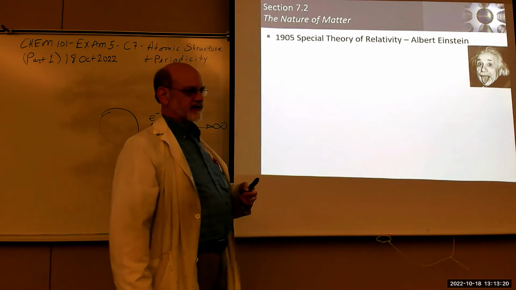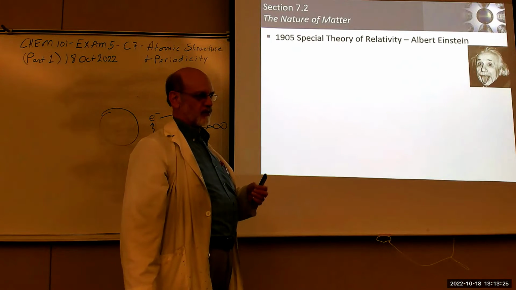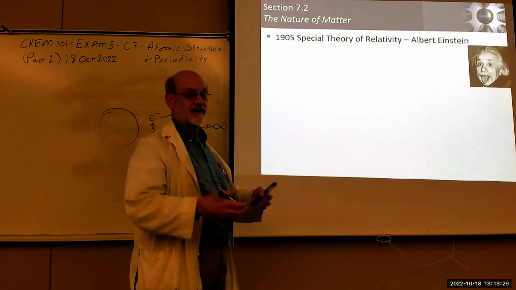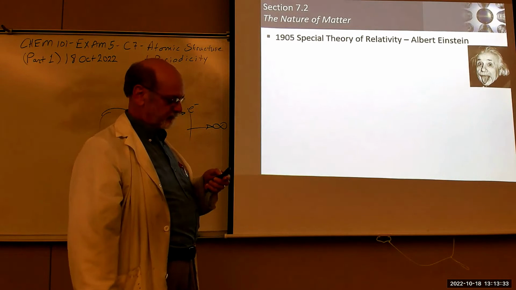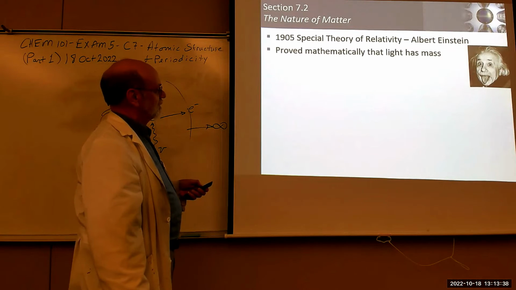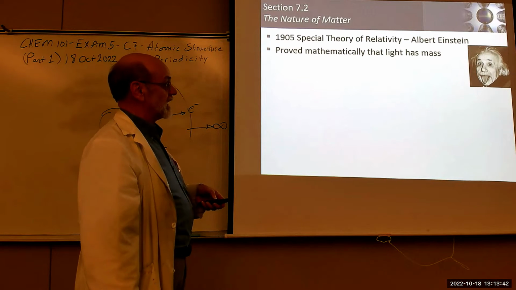The Nobel committees, they always lag behind several decades because they want to be sure that what they're awarding a prize for is valid. It has to stand the test of time and scrutiny by other of his peers. Okay, so the special theory of relativity actually proved mathematically that light has mass.